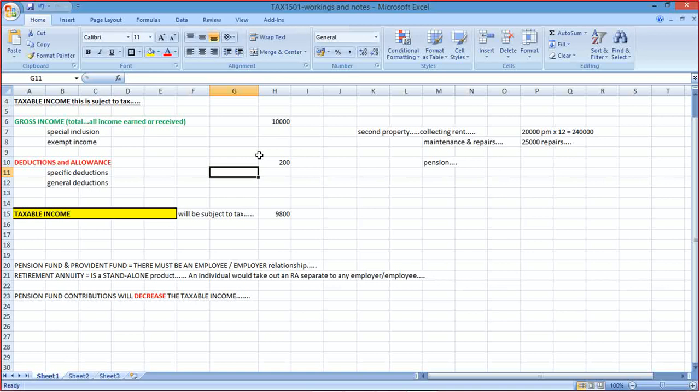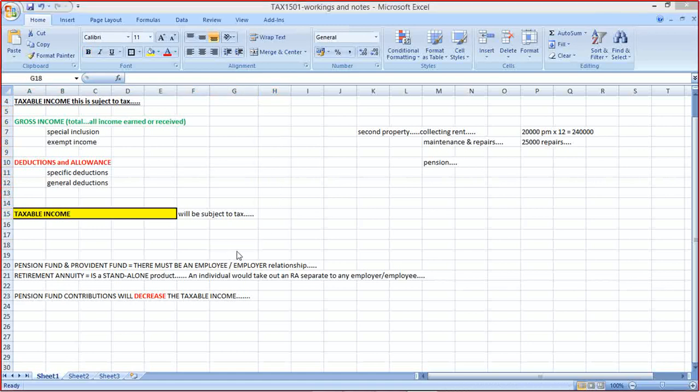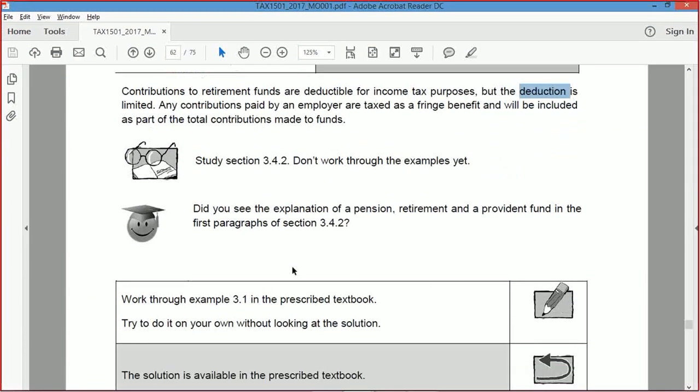I make use of my deductions. That's tax avoidance, which is legal, using allowable deductions, things that SARS will allow you to deduct when calculating your taxable income. Got that? Great. Alright, so coming back to the book.